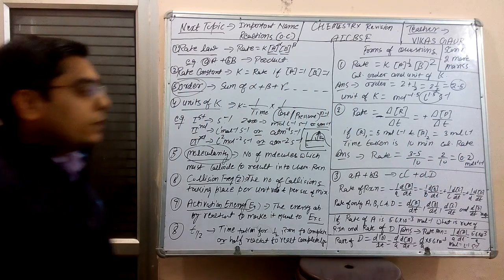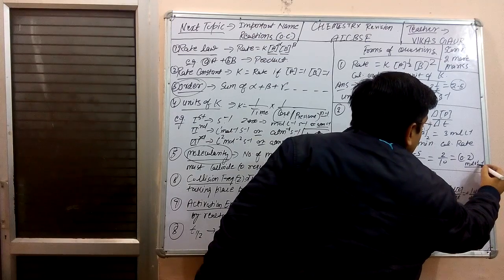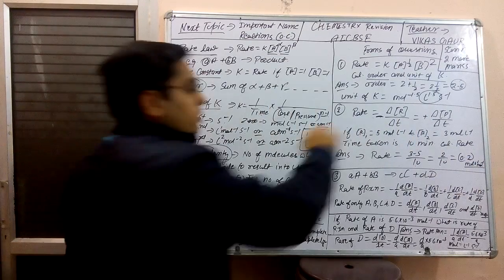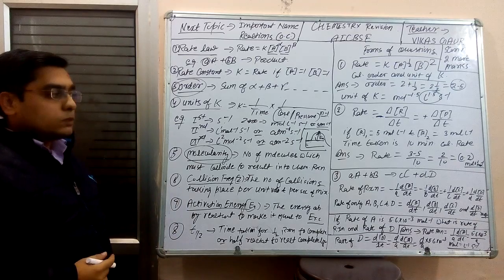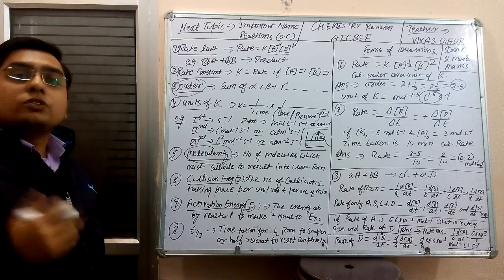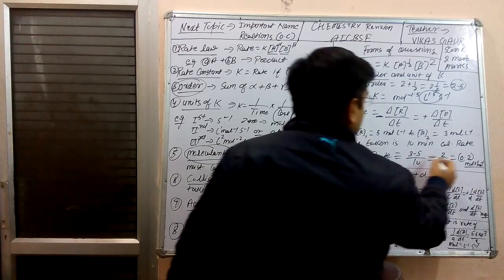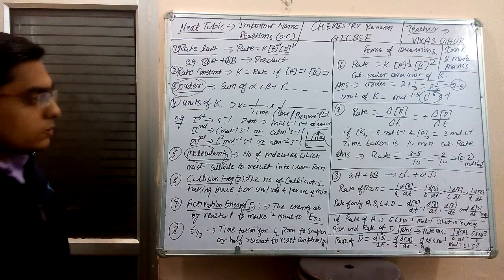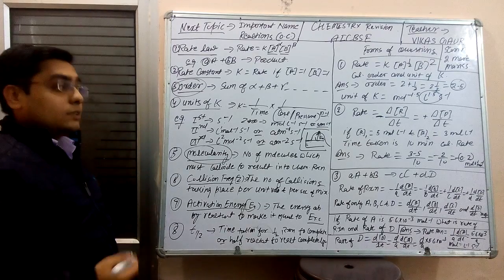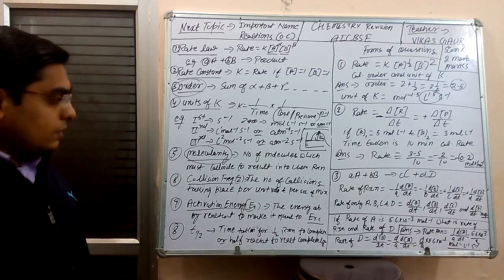So 2 by 10, 0.2 moles per liter per minute will be the answer because the unit is given in minutes for 10. So 0.2 moles per liter per minute are consuming with this speed, and there will be a negative sign obviously. In terms of product it will be a positive sign, and positive or negative simply means that the substance is either decreasing or increasing, nothing else.